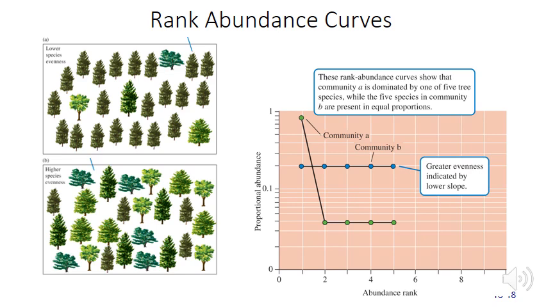Whereas the more diverse or even community, which is the picture on the bottom, is depicted by line A. So you can see this huge disparity between the abundance of species 1 compared to the other 4 species in the community. So this is a neat way to show that in rank abundance curves, communities with greater evenness are indicated by a lower slope or a flat line in this case, and communities with lower evenness or greater dominance of a few species have steeper slopes.